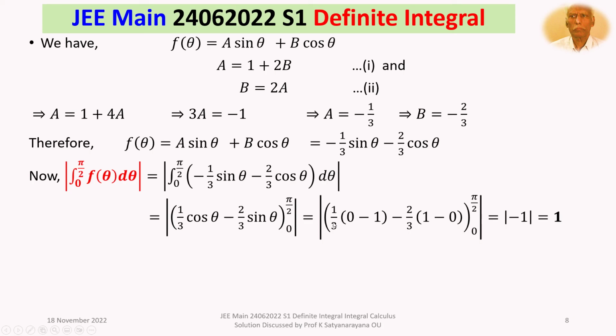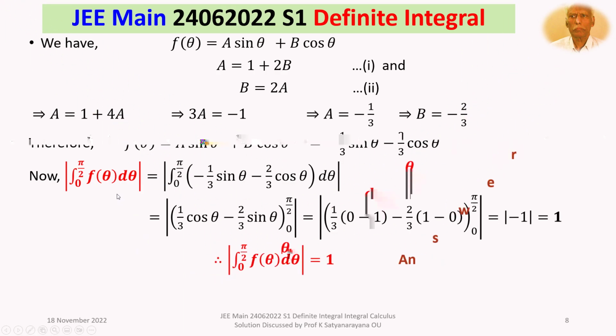So you will get minus 1 by 3 minus 2 by 3, that is minus 1. So the modulus of minus 1 is plus 1. Therefore, the integral from 0 to pi by 2 of f of theta d theta is equal to 1.